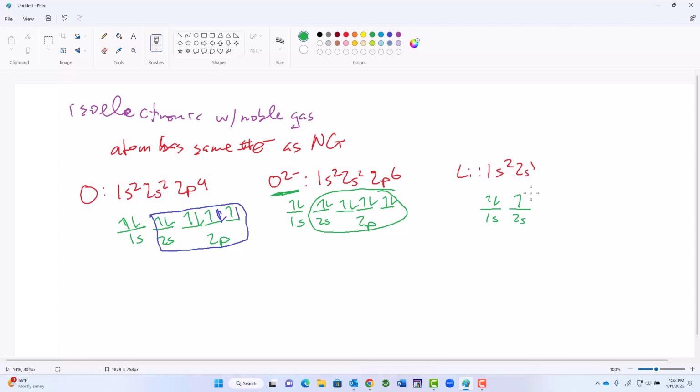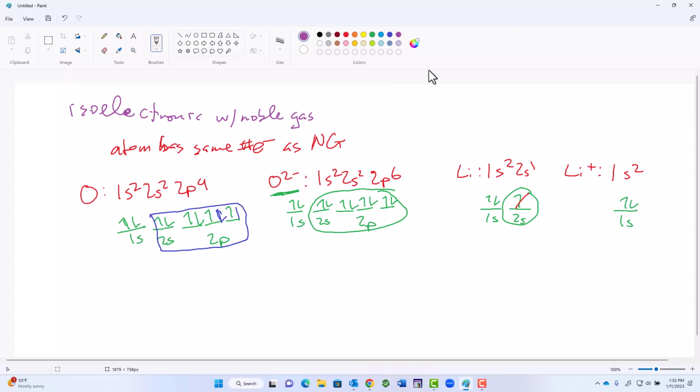Our valence shell has 1 electron in it. In this case, we could gain 7 electrons to be isoelectronic with neon, but it would be much more stable to lose 1 electron and form Li+. Remember, if we lose electrons, we're forming cations. So Li+ would have the configuration 1s2, and we would be left with the orbital diagram of 1s2.